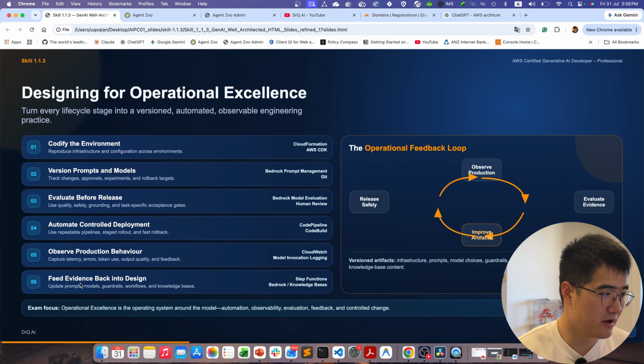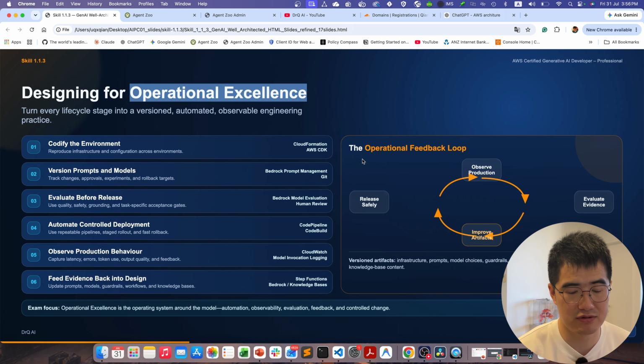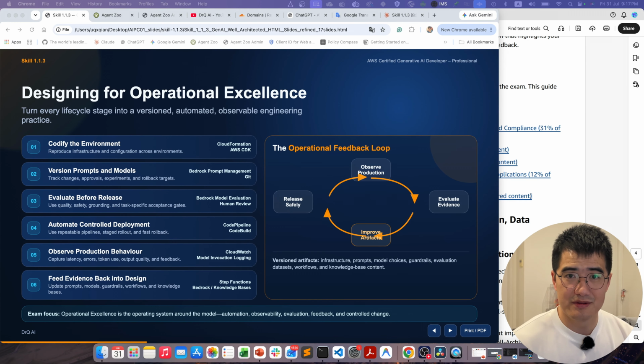And for feeding evidence back into the design, there are Guardrails to make sure the generated content has grounded evidence, and we can also use human-in-the-loop features to let people get involved and check it. I think that's all for operational excellence. Lots of stuff, but don't worry, there will be more detailed discussion in future skill videos. Okay, let's continue to the other pillars.